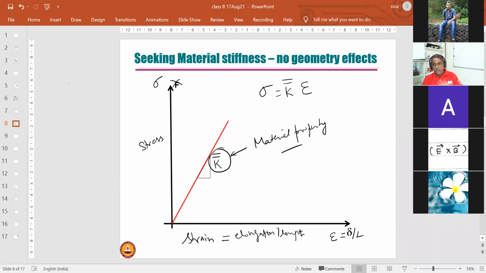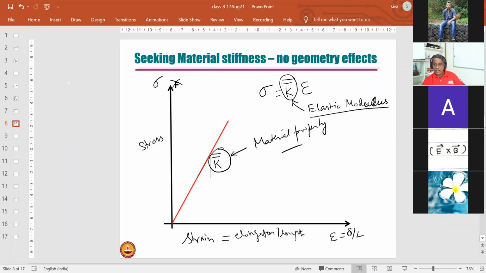Okay, assume all these are proportional for now. We will change this later. Usually this is written as elastic modulus, though it is not correctly used in parlance.